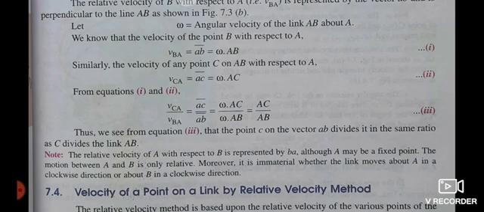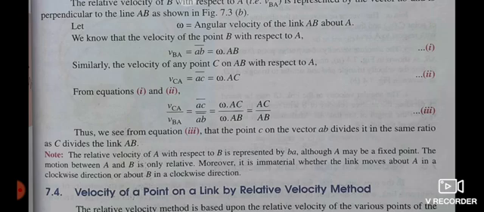This is equation 3. Thus we see from equation 3 that the point c on the vector ab divides it in the same ratio as C divides the link AB. So the way point C divides link AB, the velocity vector also gets divided in the same way.